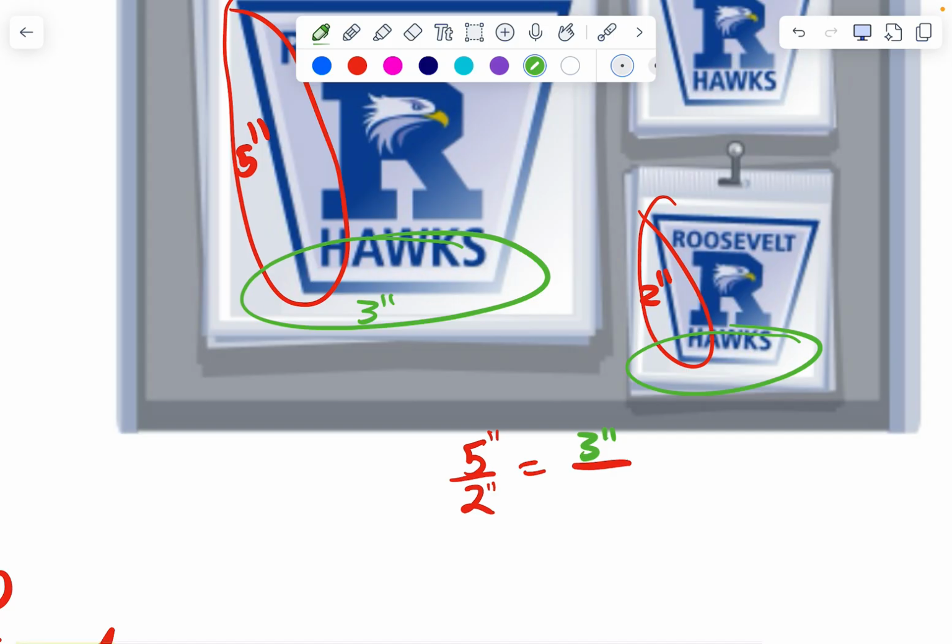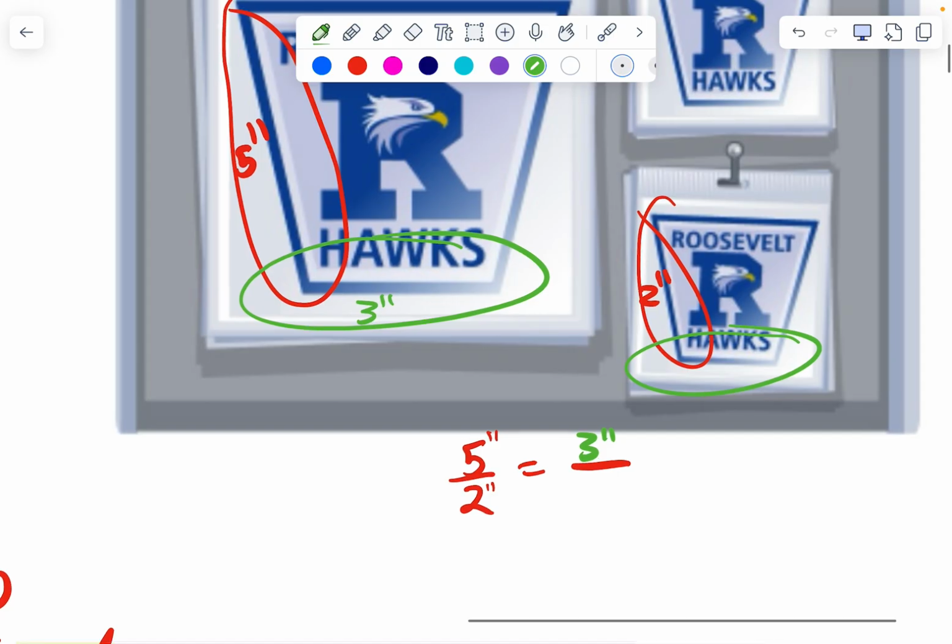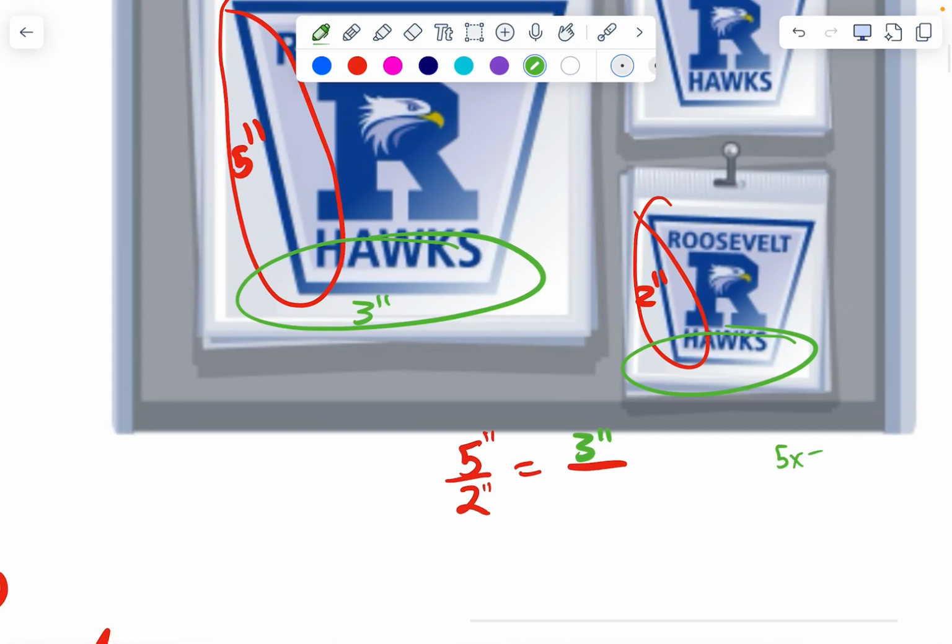Now you kind of see why we reviewed the solving, because now we're talking realistic stuff. So the big sticker is 5 by 2, or the decal. What's that bottom length of the other sticker? Stick an X right there, set your cross products equal. You're going to get 5x equals 6. Right?